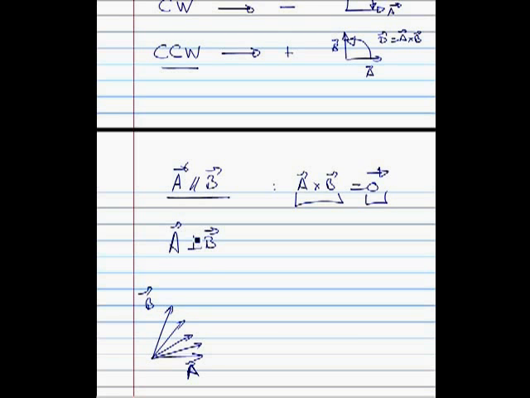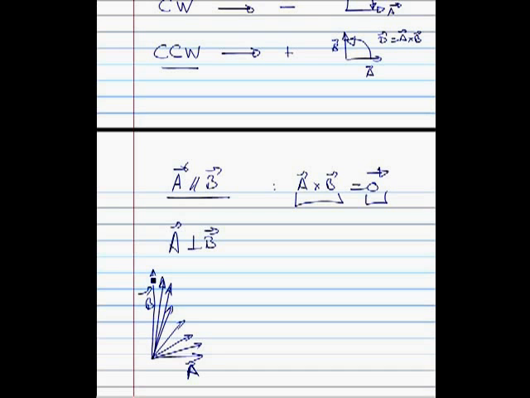Remember, this must be a vector. Similarly, as B goes away from vector A, that means the angle theta gets bigger and bigger. Eventually, you're going to reach a limit where B is exactly perpendicular to A, which refers to the maximum value of theta, and this maximum value is 90.